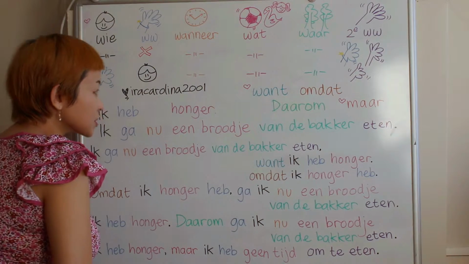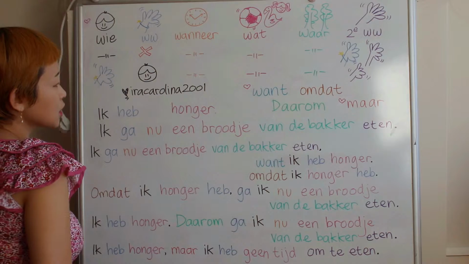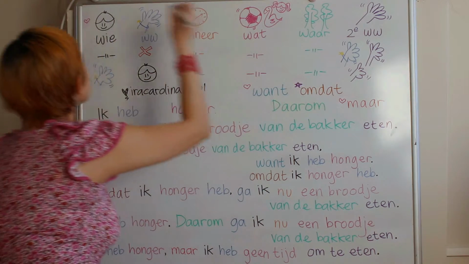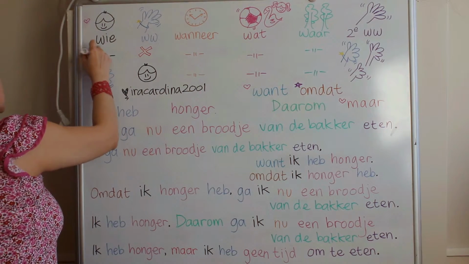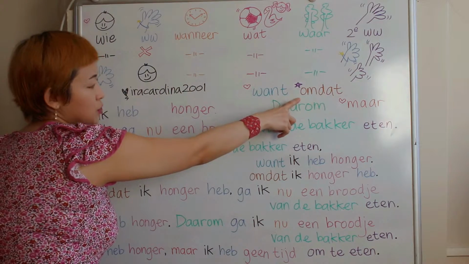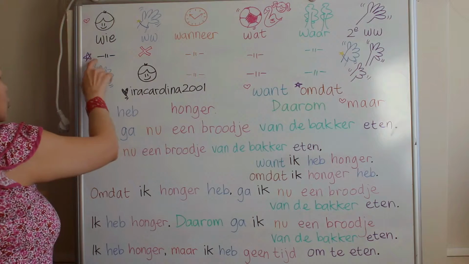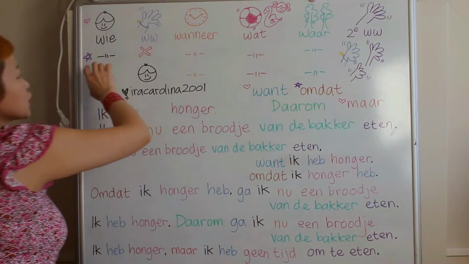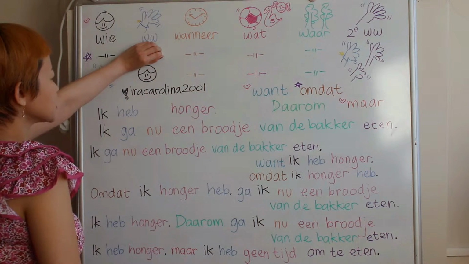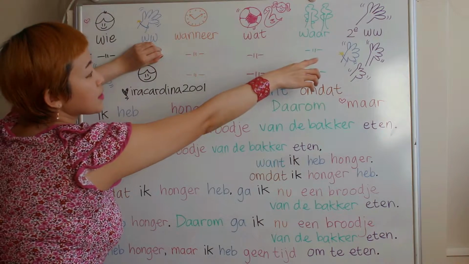But if we use because with omdat, the pattern is in this way. This is because, but after you say or write omdat, you have to follow this pattern, which is the verb is not at the second position, but the verb is all the way at the back of the sentence.